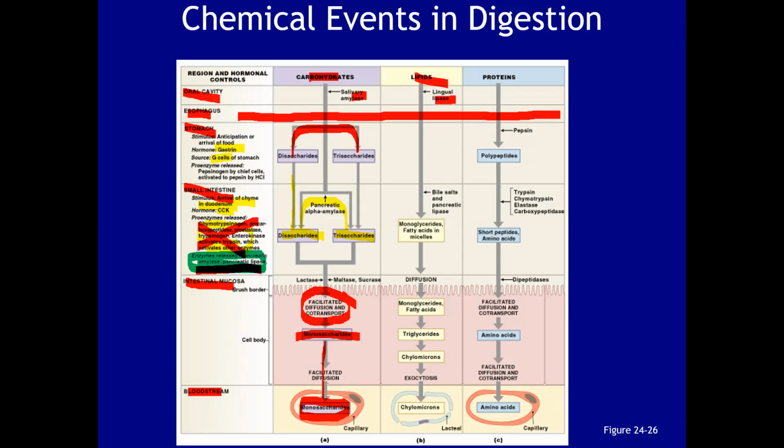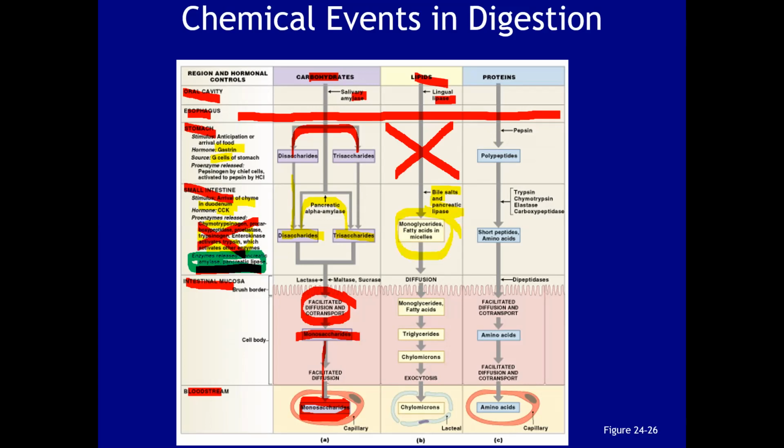So now let's look over here at the lipids. So nothing happens in your stomach with lipids in regard to chemical events in digestion. But once you get to the small intestine, bile and pancreatic lipase are going to break down these lipids into fatty acids.